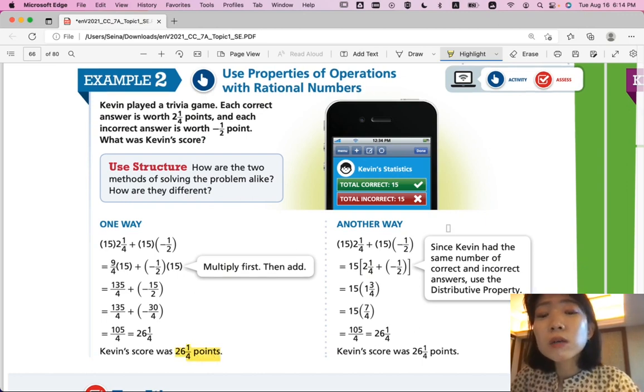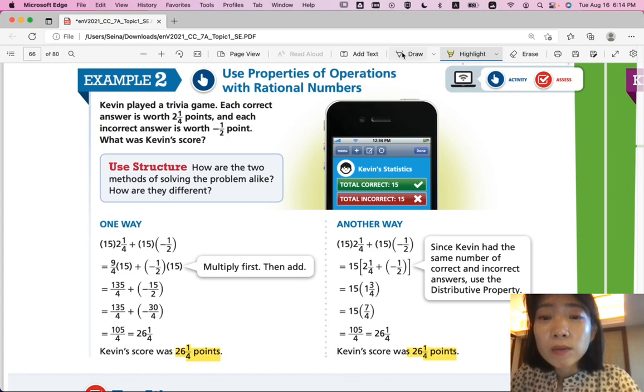Another way you can do it, using the same equation, is to first use the distributive property backwards. Because 15 is multiplied the same in the equation, we can take out 15, add the points first, and multiply that with 15, and you should get the same number of points.